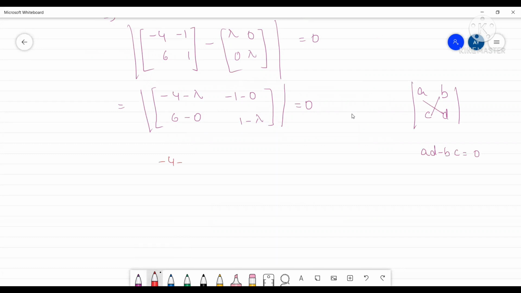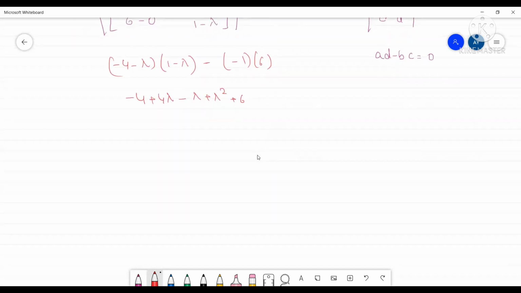What is A? -4 minus lambda into 1 minus lambda minus of -1 into 6. So what is the equation that you will be having? Lambda minus 4 plus 4 lambda minus lambda plus lambda square plus 6.